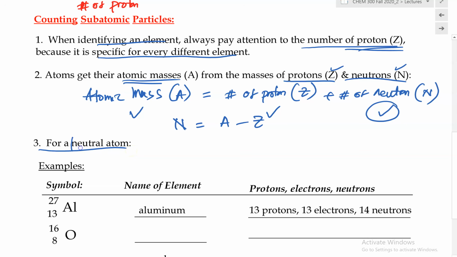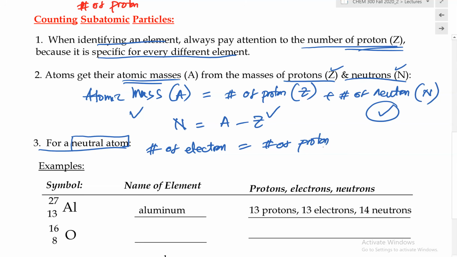And lastly, let's now determine the number of electrons. If we have a neutral atom, that tells us the number of protons must equal the number of electrons. So that's how we can figure out the number of electrons that an atom would have. The number of electrons would equal the number of protons the atom has.